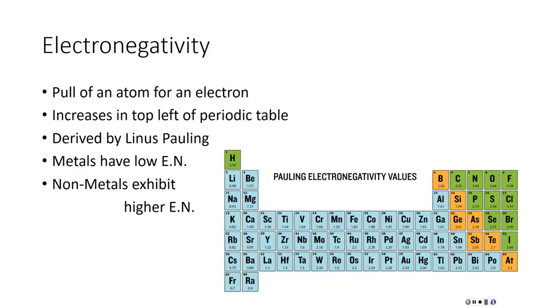He won 1 in chemistry for this work with electronegativity, and he also won the Nobel Peace Prize. After the United States used nuclear weapons in World War II, he organized the world's scientists to petition the world not to use them again, and he was the head of that movement.